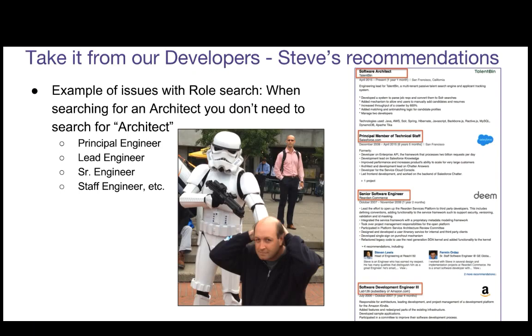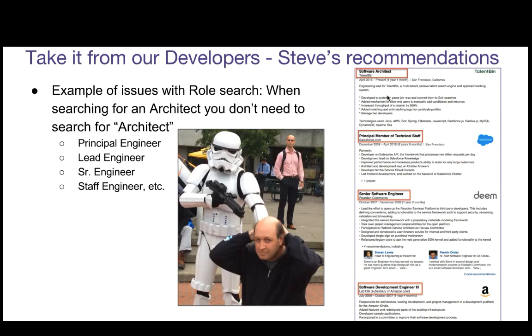And so just to highlight this point, this is Steve's LinkedIn, and you can see at TalentBin, yes, his title is software architect, but at his prior company, he was a principal member of technical staff. Before that, he was a senior software engineer. And before that, he was a software development engineer 3, right? But if you take a look at the description under all these, you will actually find that he's doing architecture work, and he lists that under each of his job descriptions.